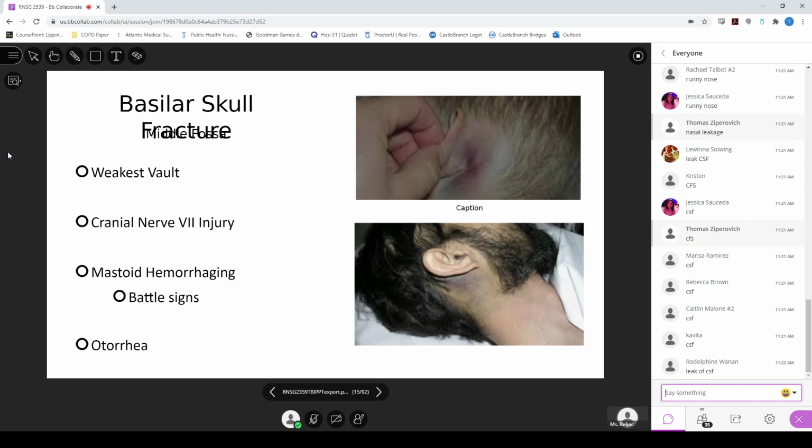So that's a telltale sign of a skull fracture also. What's otorrhea? Ear drainage. And that could be leaking of CSF fluid from the ears.